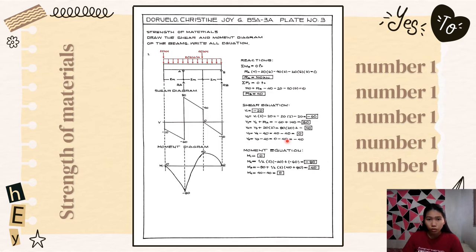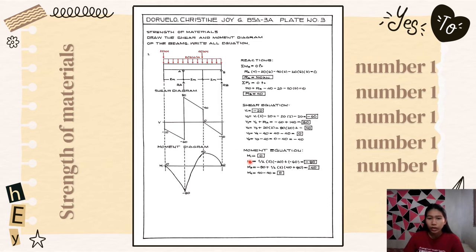So we got 0 downward. And for the last, V6 is equal to V5 minus 40, is equal to 0 minus 40, is equal to negative 40. So we got negative 40 downward. So here, negative 40. So let's proceed to the moment equation.